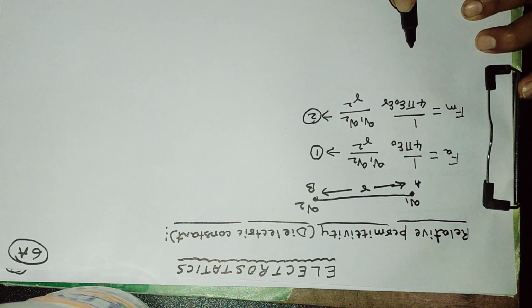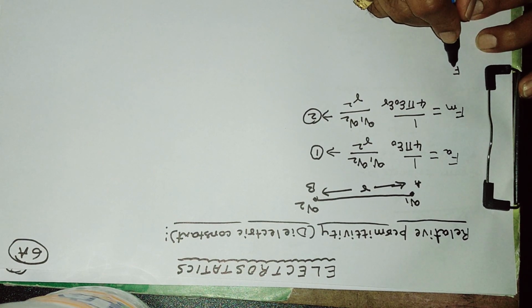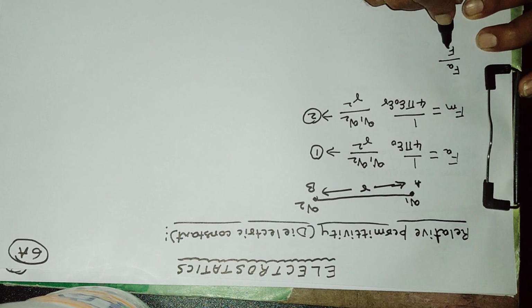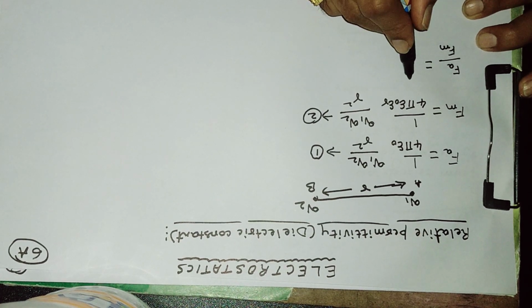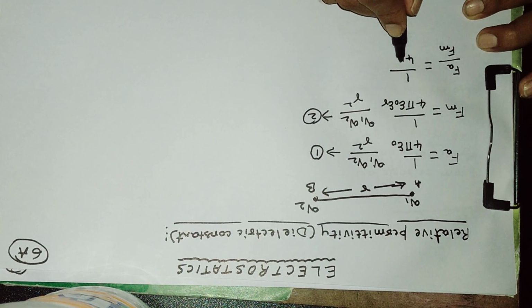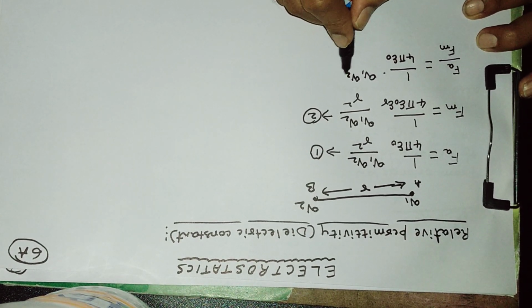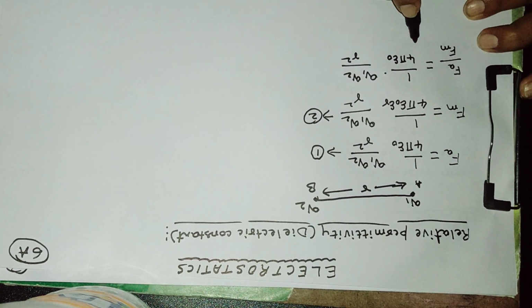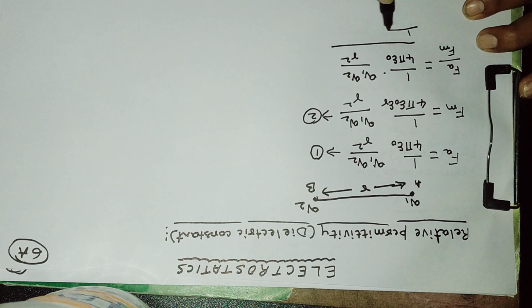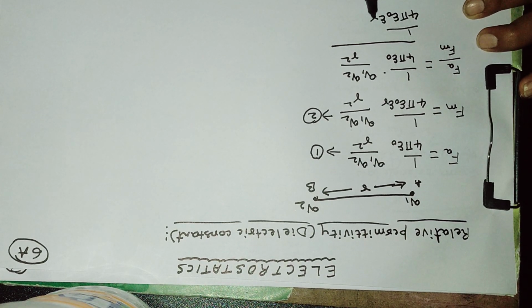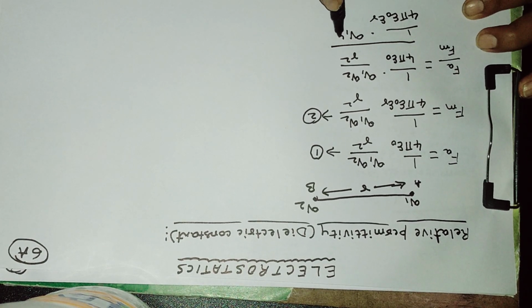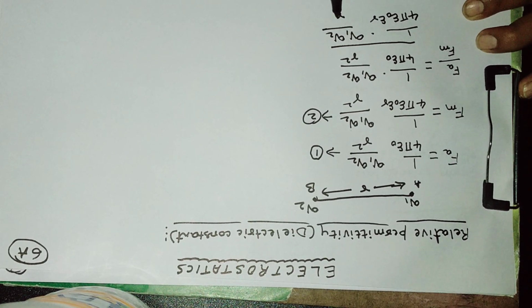Now if I consider the ratio of these two equations, if I divide equation 1 by equation 2, Fa by Fm is equal to 1 by 4 pi epsilon naught into q1 q2 by r square, whole divided by 1 by 4 pi epsilon naught epsilon r into q1 q2 by r square.